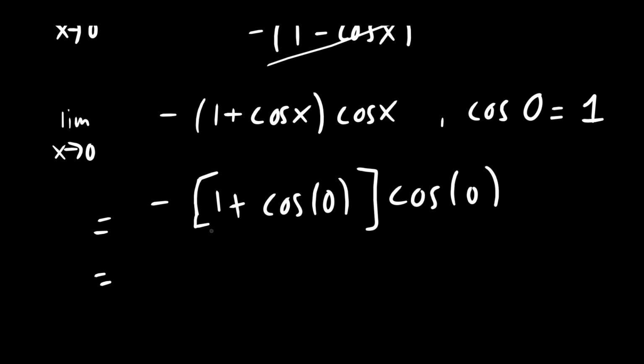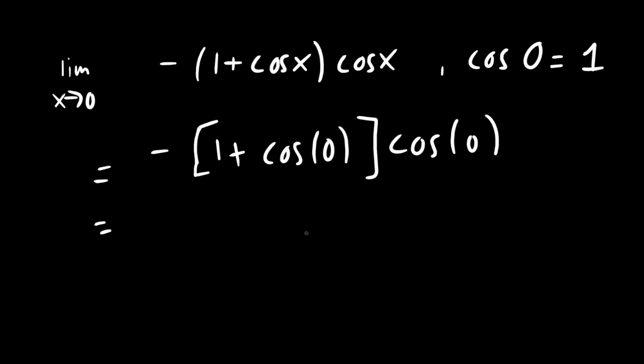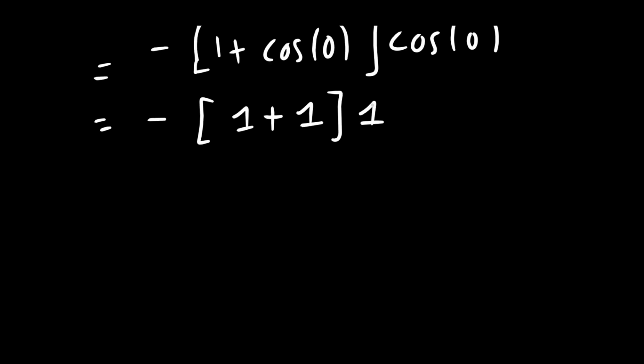Cosine 0 is equal to 1, so 1 plus cosine 0 is equal to 2, and cosine 0 is equal to 1. The final answer will be 1 plus 1 equals 2, multiplied by negative 1 equals negative 2. So this will be our final answer, negative 2.